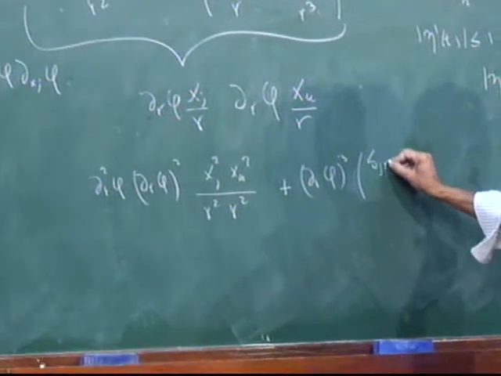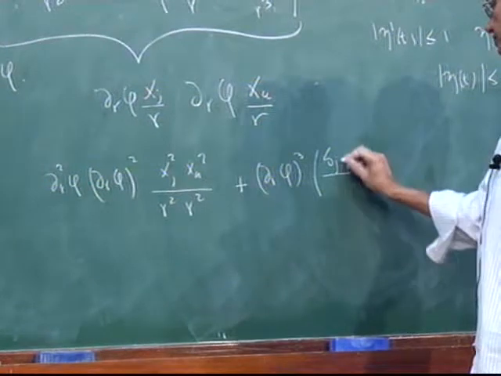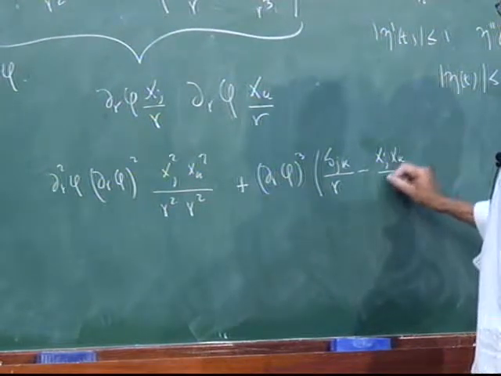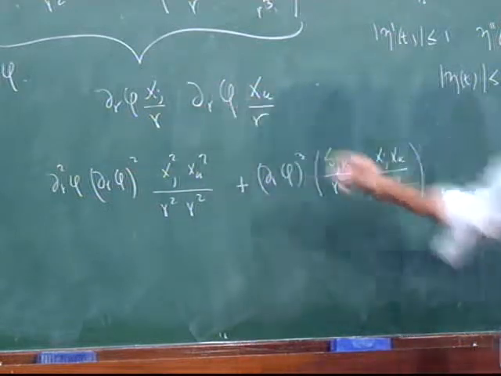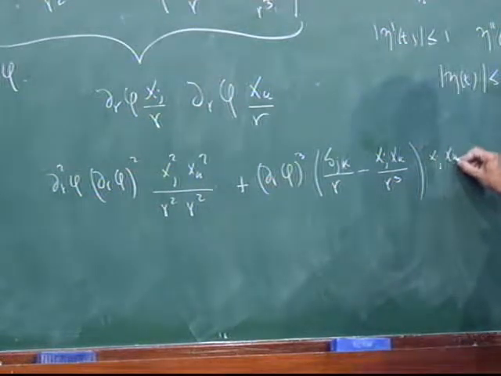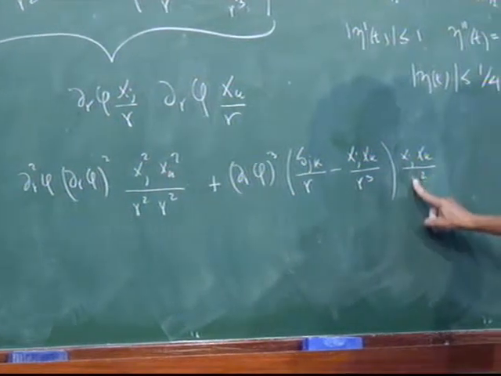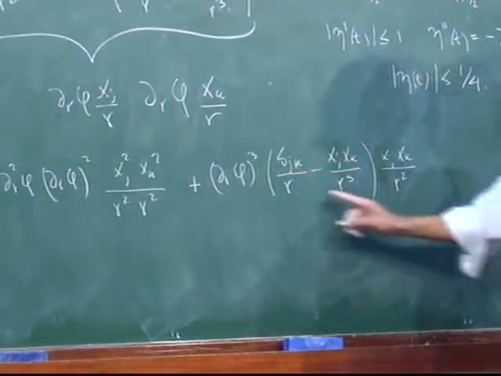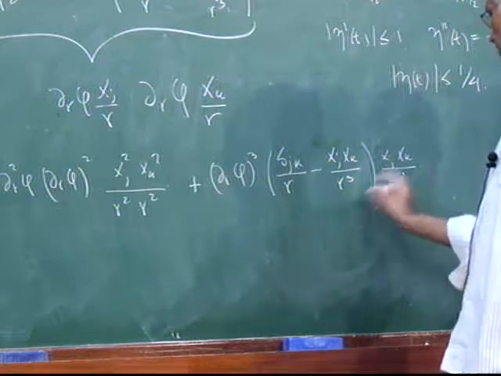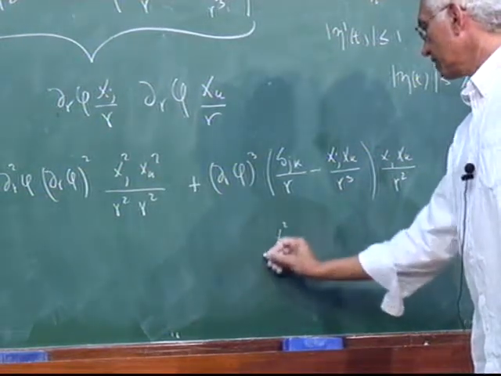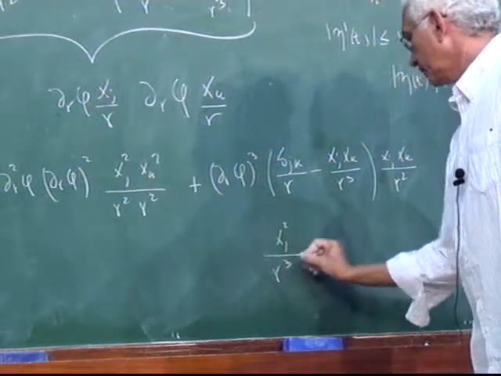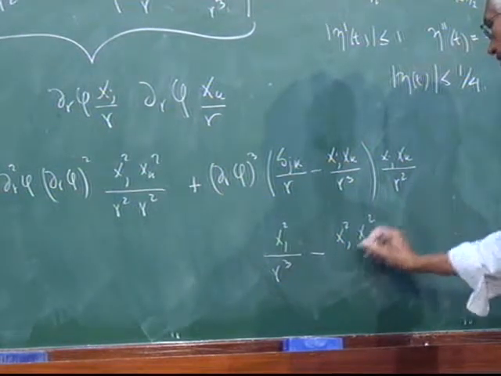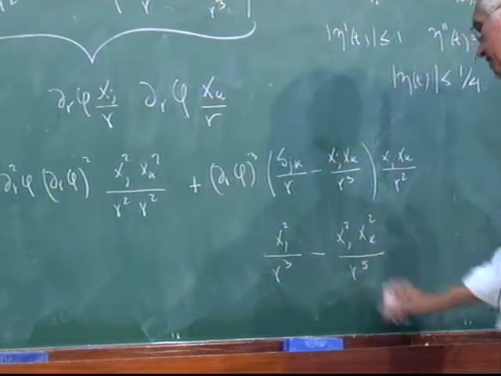delta jk r xj xk r cubed, and now you have xk xk r squared. When you pass this part, it's going to give you xj squared over r cubed, and this one is going to give you x squared xj squared over r phi.